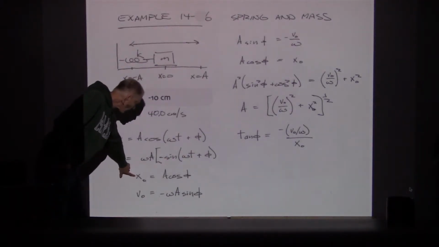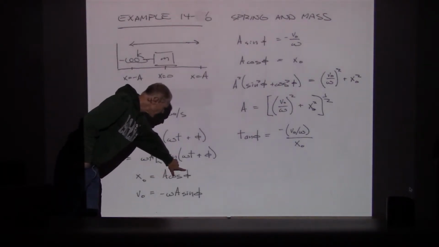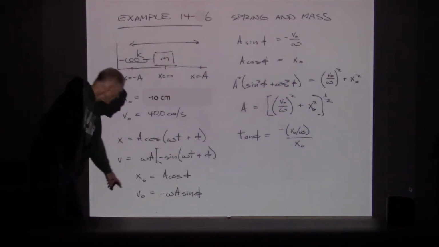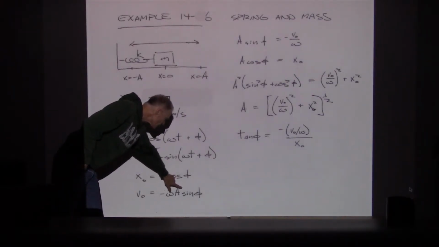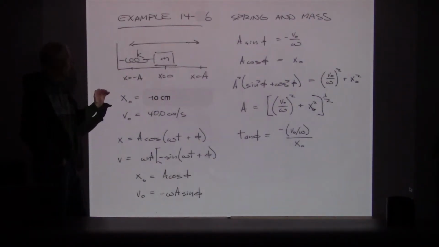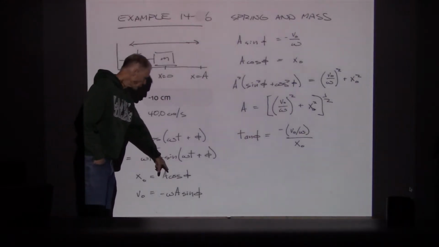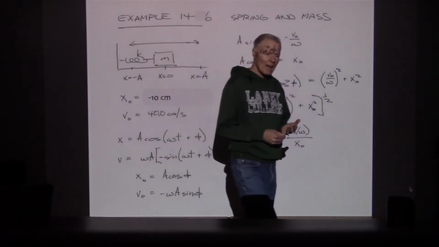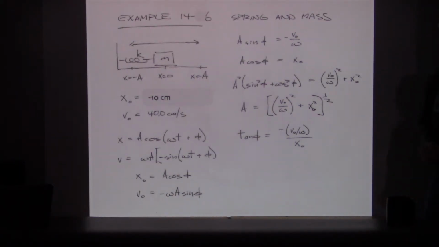And so the starting point is given by amplitude cosine of the phase constant, and the initial speed is given by minus omega A sine phi. Now, they've told us what the values are of x naught and v naught. We can use those to determine what the amplitude will be and what the phase angle will be.